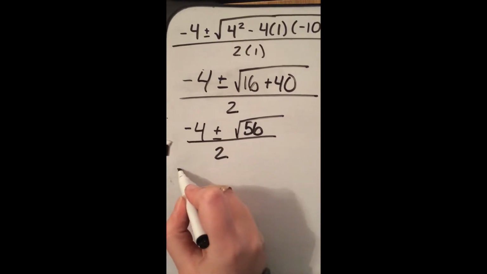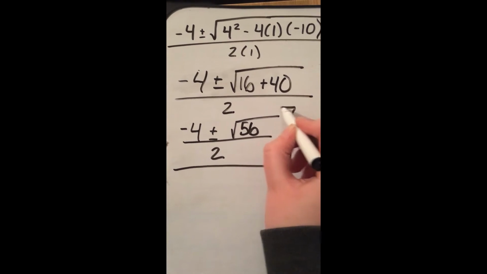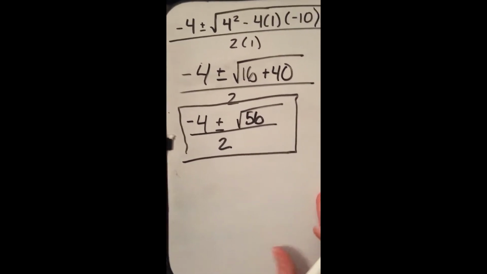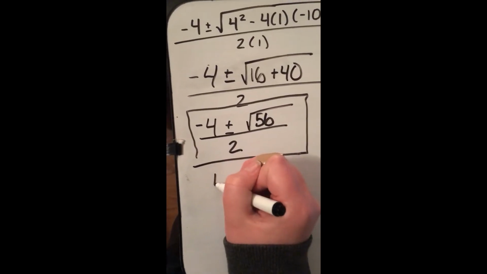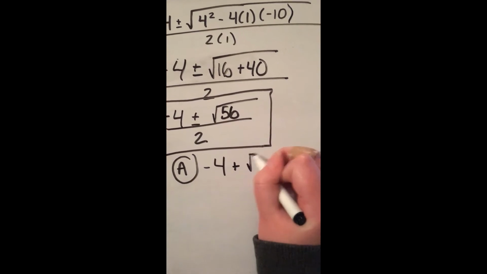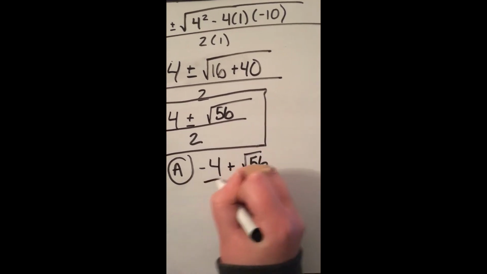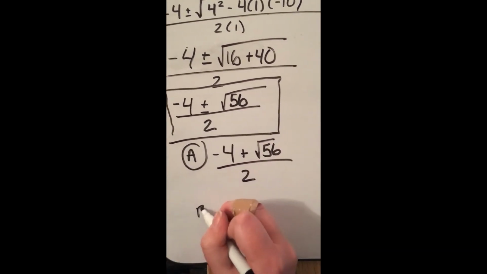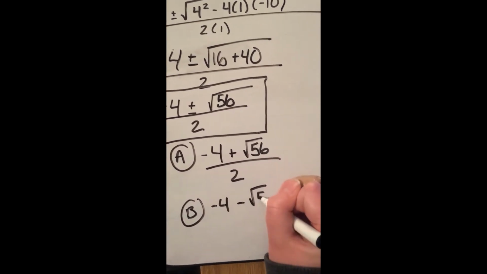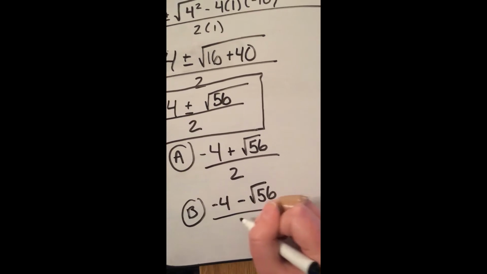For these types of problems, once you get here, this is its most simplified form. This is where you start breaking it up into negative 4 plus the square root of 56 divided by 2, and negative 4 minus the square root of 56 divided by 2.